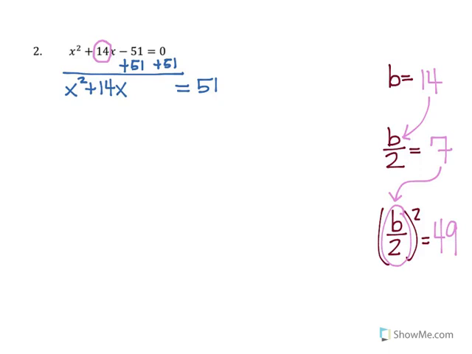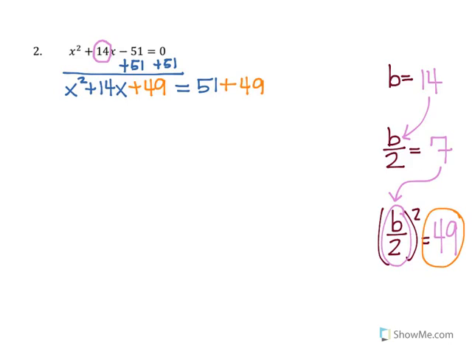Now, the term that we add to both sides of the equation is always the b/2² term. So that +49 is going to fill in adding on both sides of our equation. And now we're on to step 3. Now remember, step 3 says to factor the left side of the equation as x plus b/2, the whole thing squared.